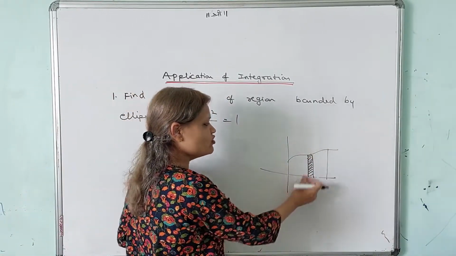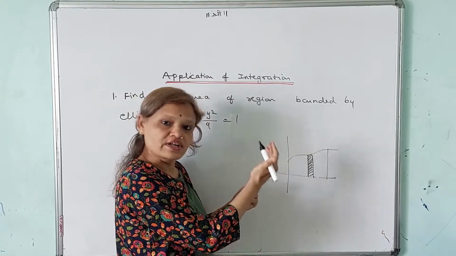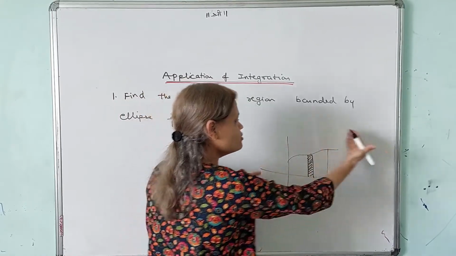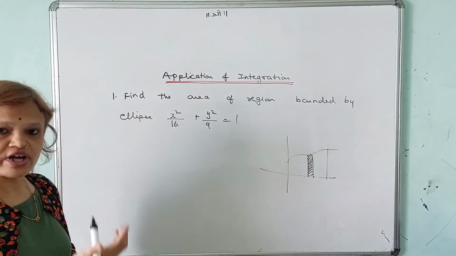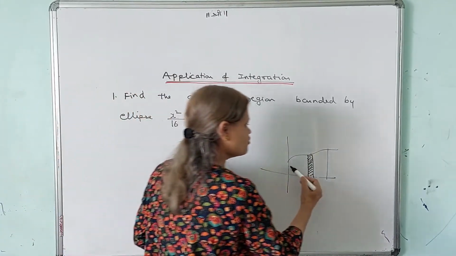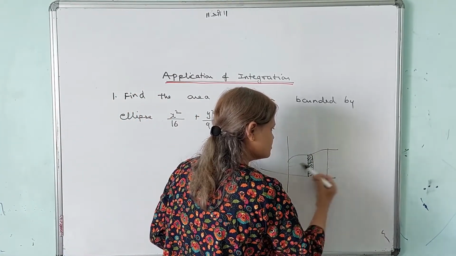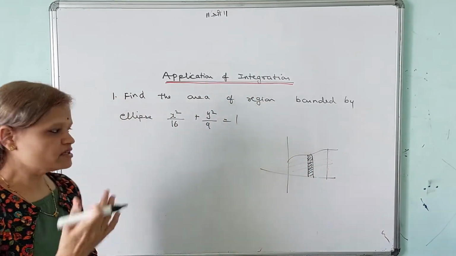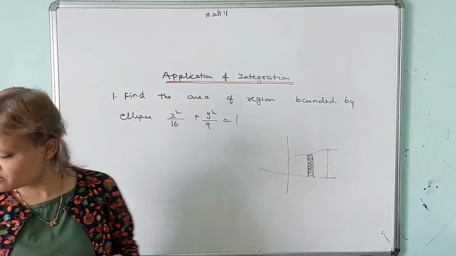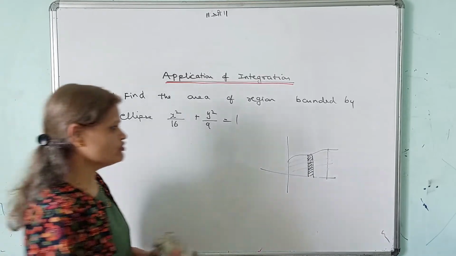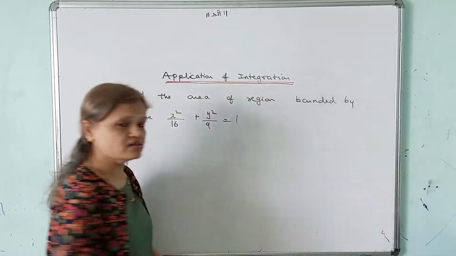So we just find the area of this, then we use definite integrals. So from this limit to this limit we integrate, and then we find the area of the entire region under the curve, any curve. So that's the basic principle of application of integration, or to find the area under a curve.